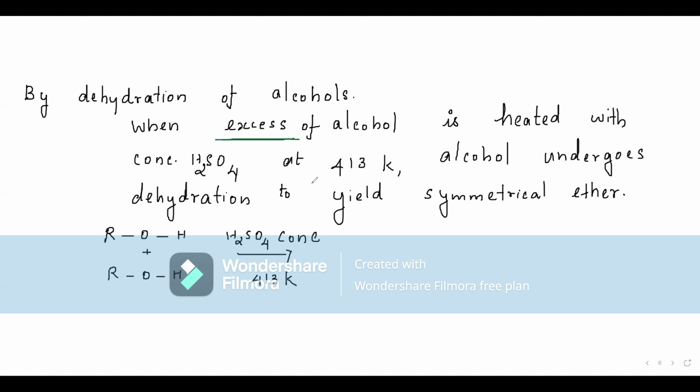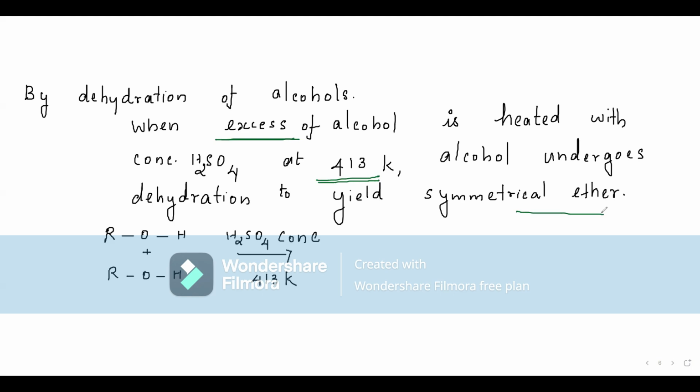And you need to treat it with sulfuric acid, which is a dehydrating agent. At 413 Kelvin, alcohol undergoes dehydration to give symmetrical ether. Symmetrical ether meaning a simple ether.